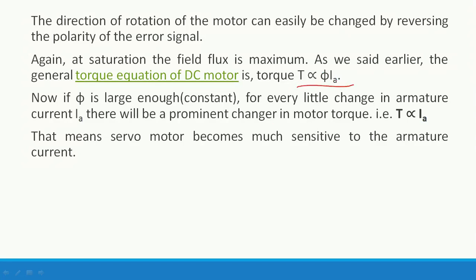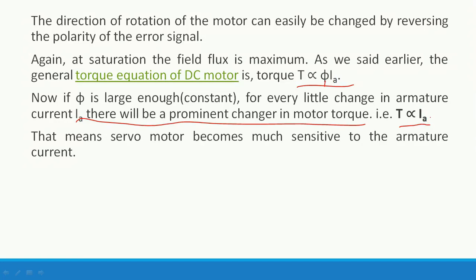As we said earlier, the torque equation of a DC motor is T proportional to phi Ia, where Ia is the armature current. Here in armature control, phi is large enough and hence treated as constant. For every little change in the armature current Ia, there will be a prominent change in the motor torque.